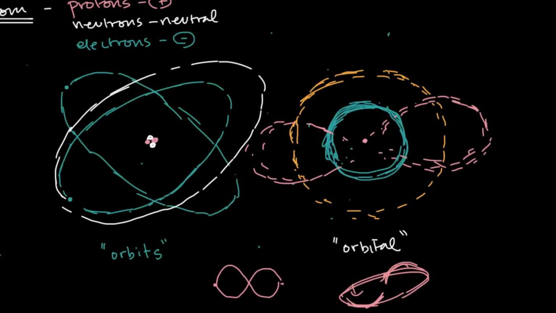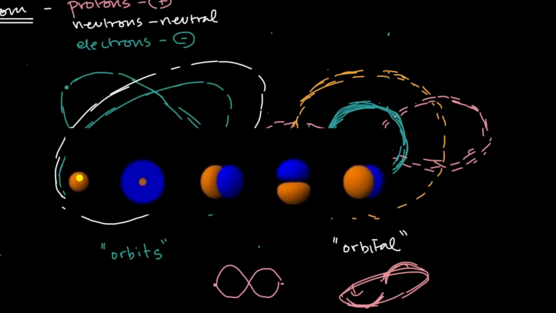Just to imagine what some of the first orbitals look like rendered by a computer, you see it right over here. So if you have your lowest energy electron, you are in what is called an s orbital. And this one we would call 1s, because it is at the first shell, the one closest to the nucleus.